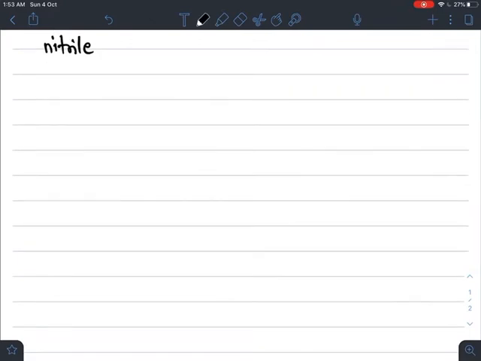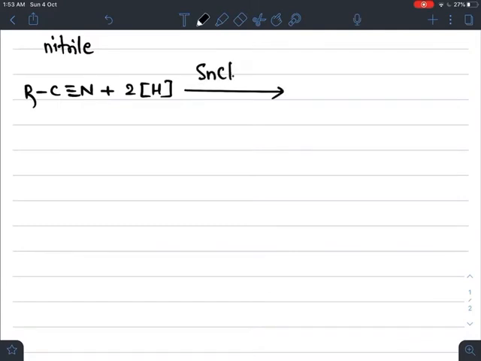The general example of a cyanide is RC triple bond N. When it undergoes reduction, it reacts with two nascent hydrogens supplied by stannous chloride SnCl2 and hydrochloric acid.